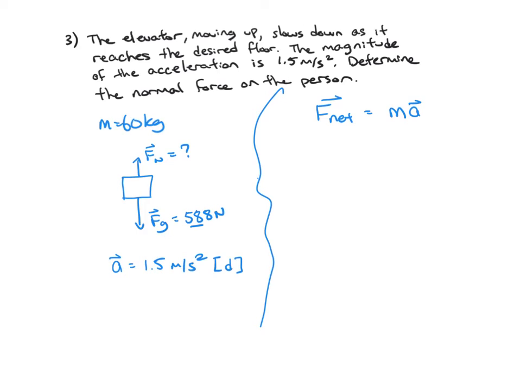Okay, now in terms of magnitudes, the force of gravity is bigger in magnitude than the normal force. So my net force, the magnitude of it, is going to be the force of gravity minus the magnitude of the normal force.